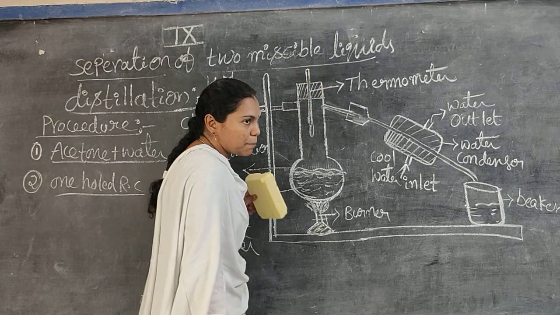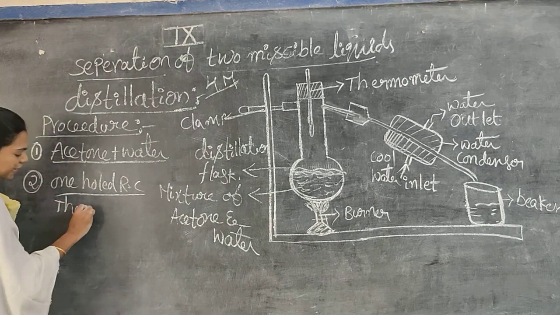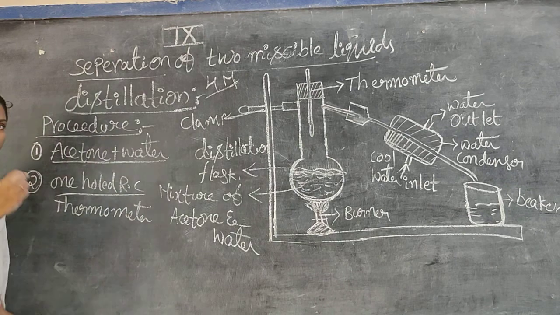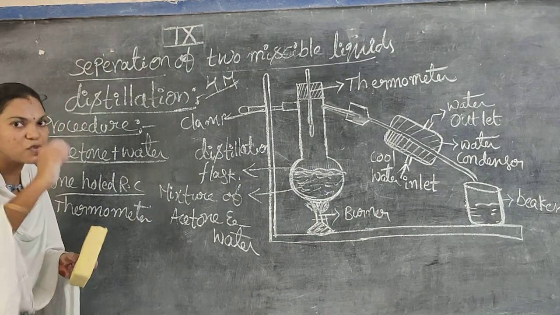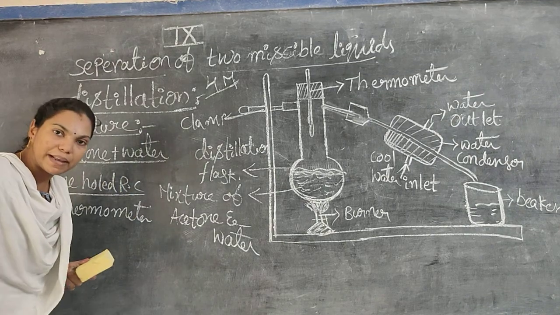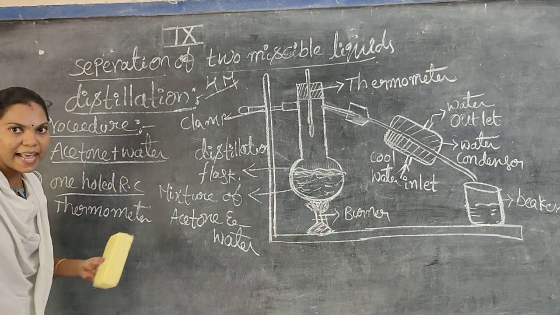In that one-holed rubber cork, we insert a thermometer. Are you understanding? So the distillation flask is closed with a one-holed rubber cork, and by using that cork, we insert a thermometer.